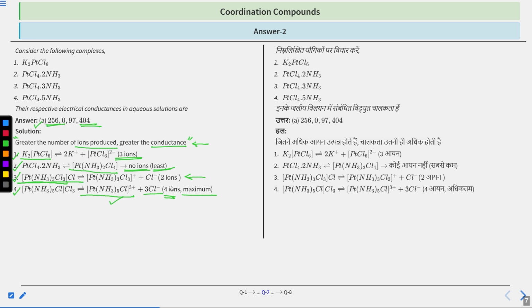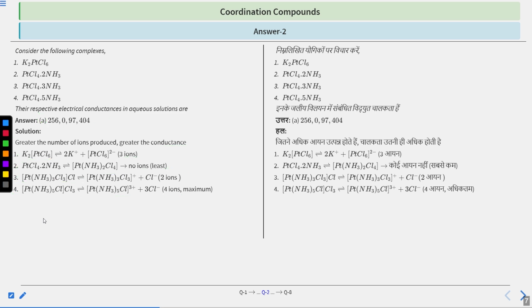Then 2 ions, which is produced by the third complex, that is 97. And then the least or no ions is produced by the second complex, so 0 will be its conductance. And this is the correct value of electrical conductance of the given complexes in the question, right? Thus, option A is the correct answer.